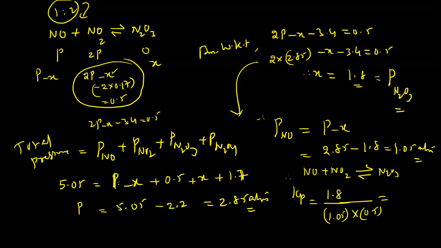Upon simplification you get 3.43 atmosphere inverse. So this is the answer. Here there are several steps. In this, first we calculated the Kp value for the first reaction, and that value is 3.43 we have got. This is the answer for this question.